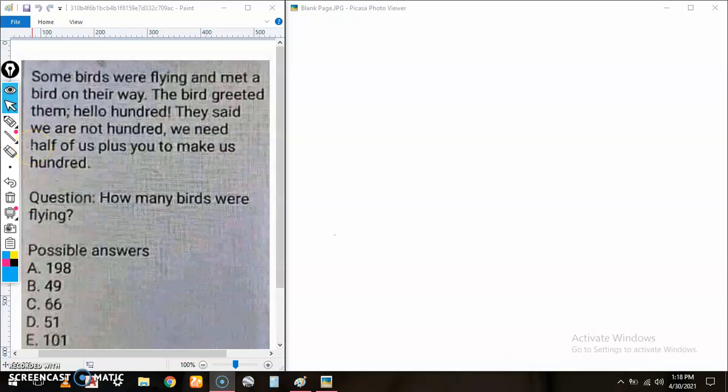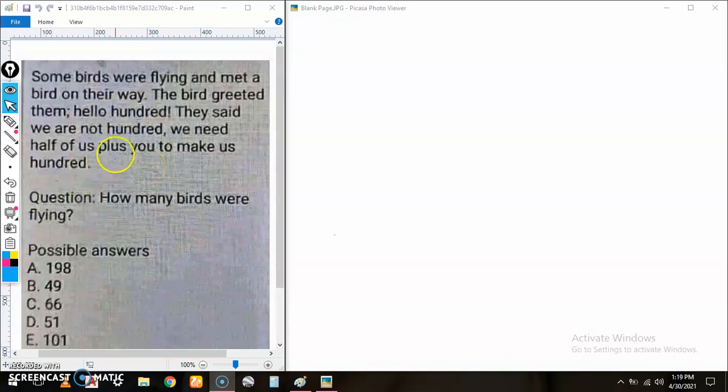And this algebraic expression, we are going to get it from the question we have on our board here, yes? Which goes: some birds were flying and met a bird on their way. The bird greeted them, "Hello, 100." Yes, they said, "We are not 100.